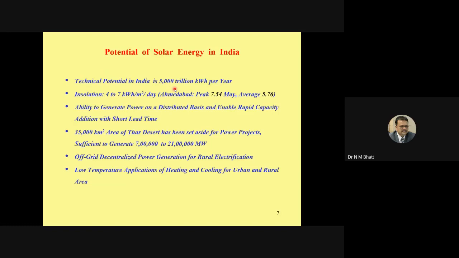With solar energy, we have the ability to generate power. Suppose by chance the grid is not available at a particular location, even then the solar PV panel has the ability to generate power. And capacity can be easily added. For example, suppose you have a power plant of 120 megawatt.